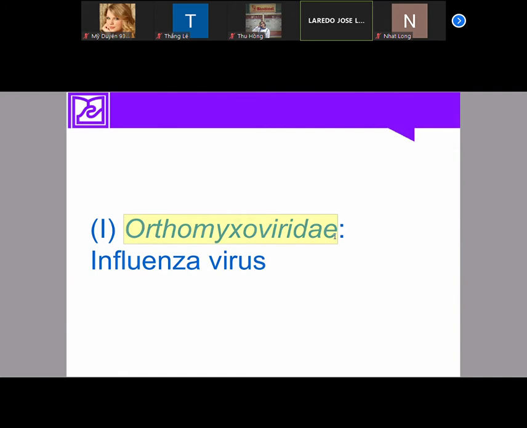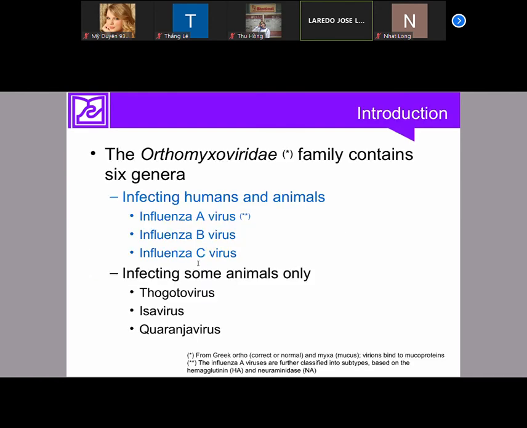So we start with the first one, Orthomyxoviridae. It contains many different viruses, but we are going to focus only on one, influenza virus. Influenza viruses that infect humans are three.